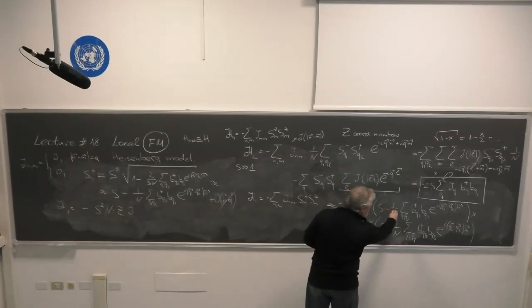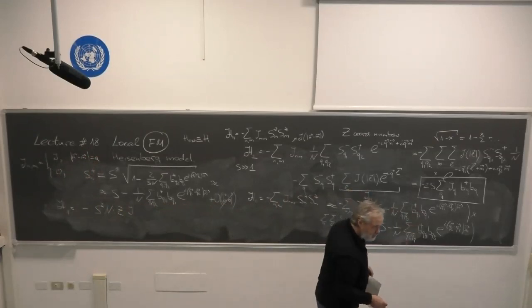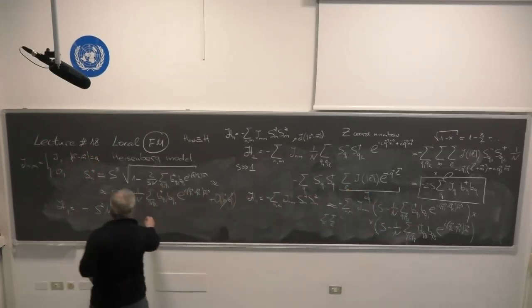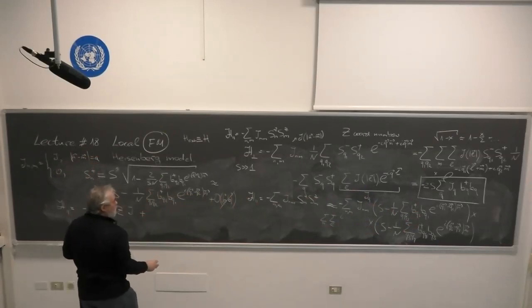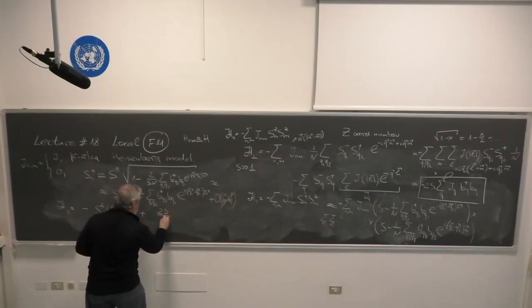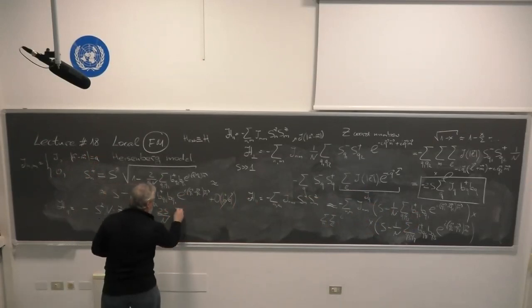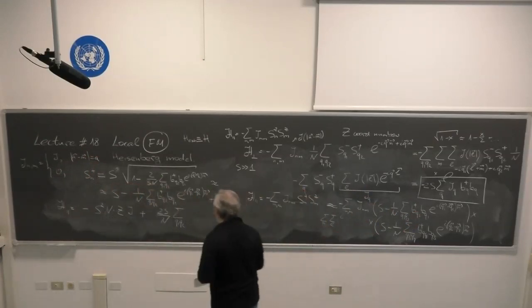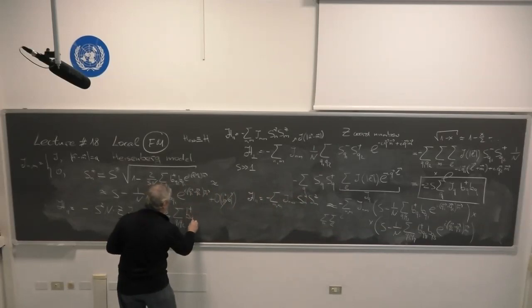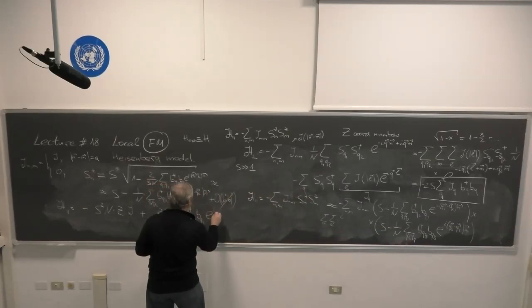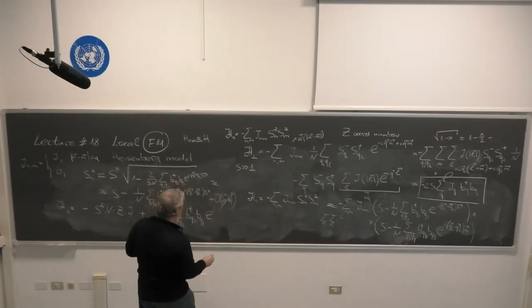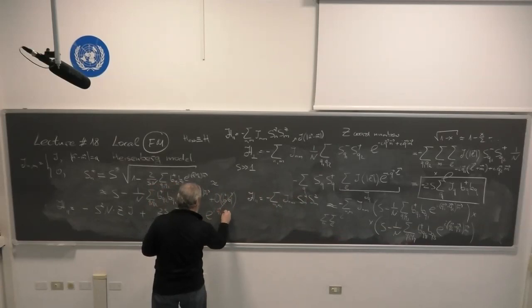Then I have two times terms which contain b dagger b. Therefore it is plus 2 times S over N, sum over q1, q2, because these are indices of summation, b dagger q2 b q1, e to the power i(q1 minus q2) times n.